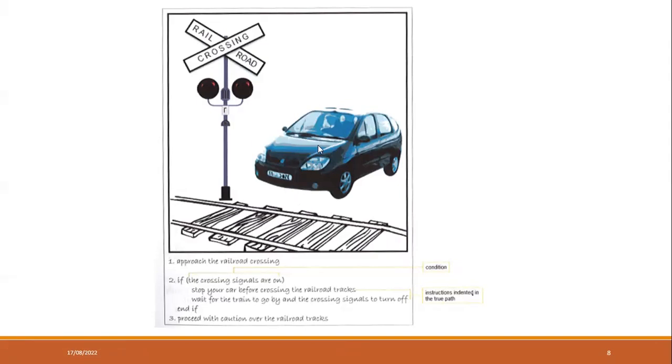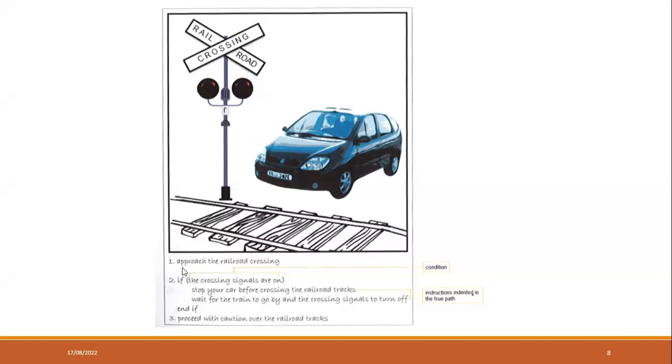We have two parts: if the signal is green, we can go one way, or if the signal is red, we have to stop. Two different actions, so we use the selection structure, or condition structure.